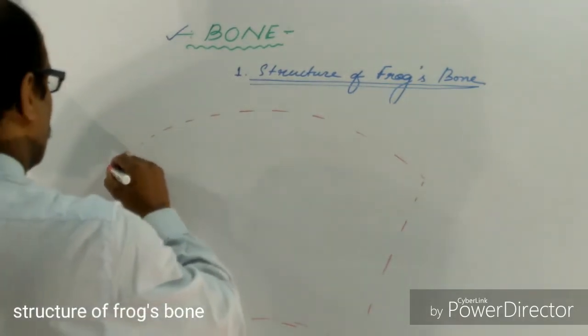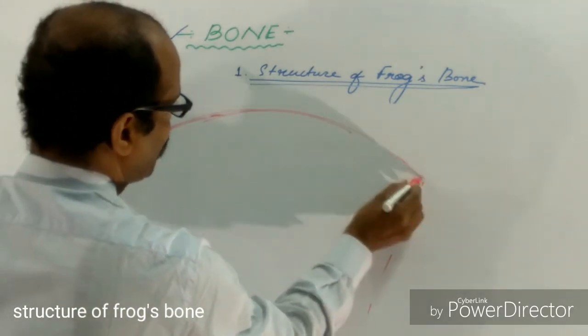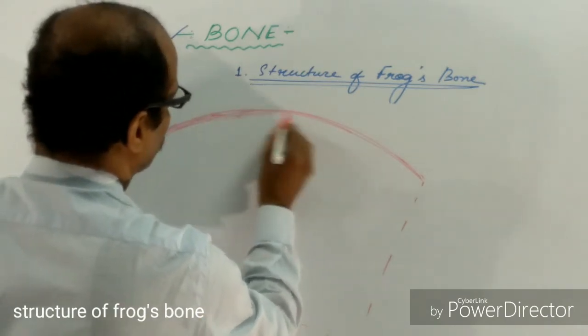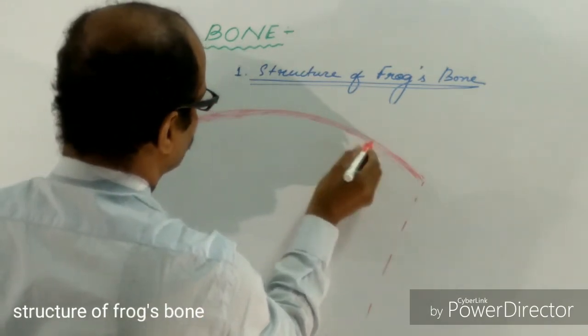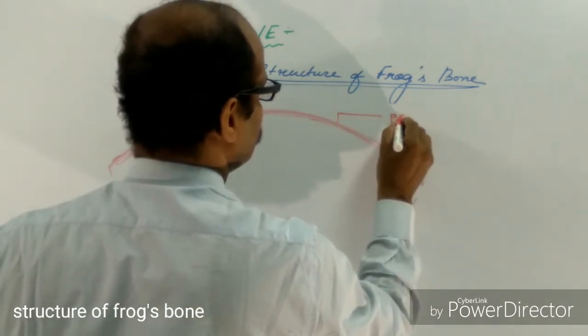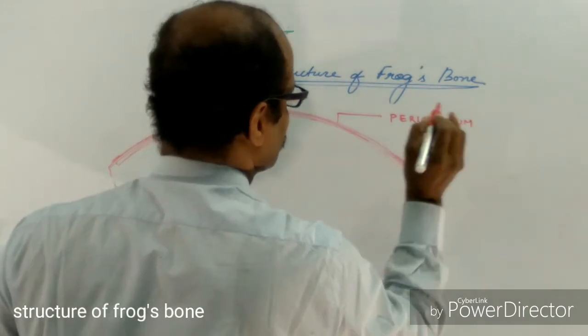Then the outermost covering, which is made up of fibrous connective tissue, is known as the periosteum.